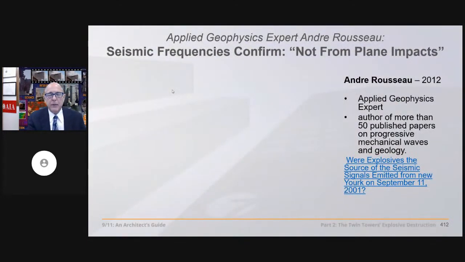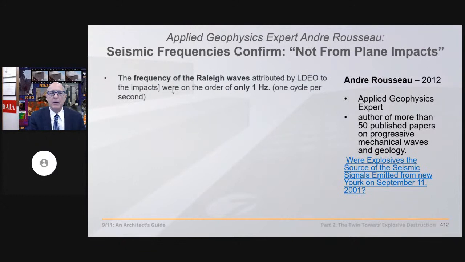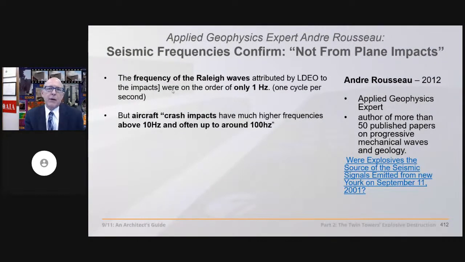Okay, well, what can explain this? Well, let's go to Andre Rousseau. He says the frequency of the Raleigh waves for these plane impacts were on the order of 1 hertz. But aircraft crash impacts have frequencies above 10 hertz and often up to 100 hertz.